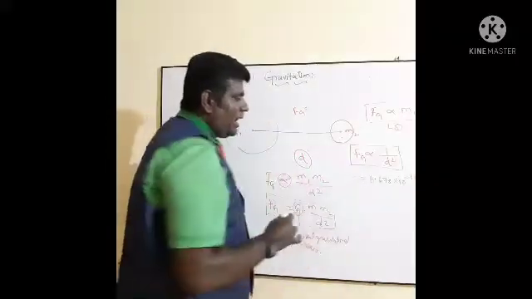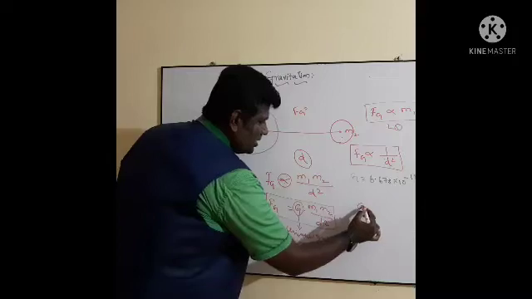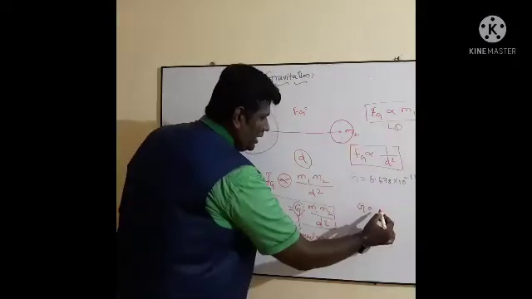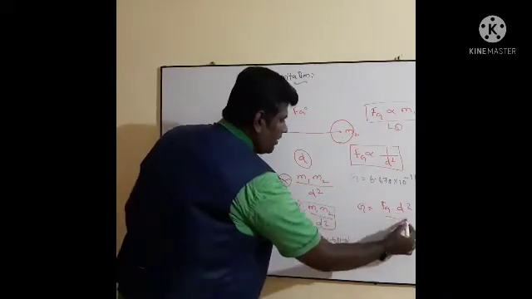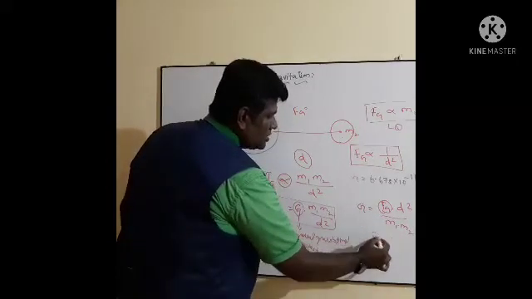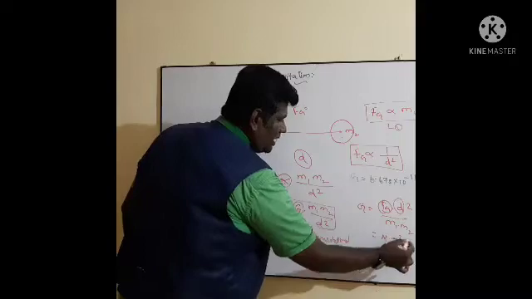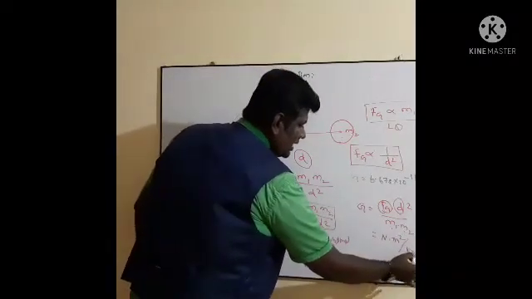The unit can be identified by keeping the gravitational constant G on this side and moving these two things to the opposite side. You will get G is equal to Fg into d square divided by m1 into m2. The unit of force is Newton. The unit of distance is meter, and since there is a square, it is meter square, divided by mass 1 in kg and mass 2 in kg, that is kg square.